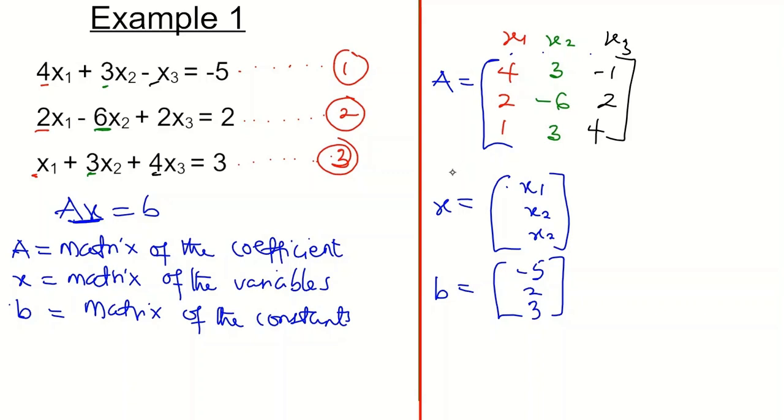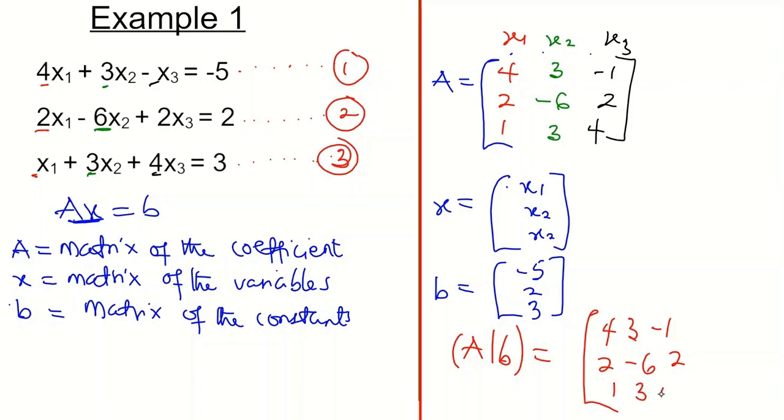And so to augment matrix A and B, like we said earlier in our introduction, we can write A slash B to be equal to, now the matrix A is giving us 4, 3, -1, and we have 2, -6, 2, and then the last one, that is 1, 3, 4.